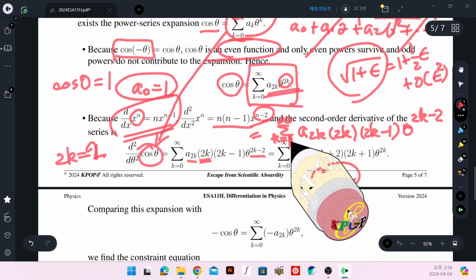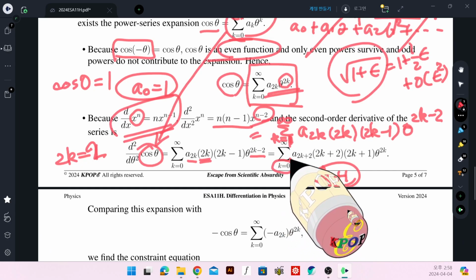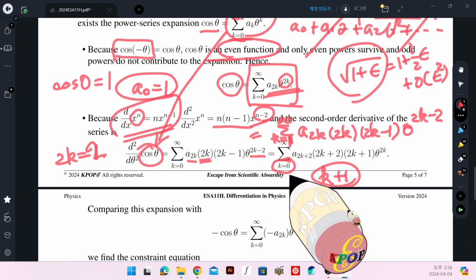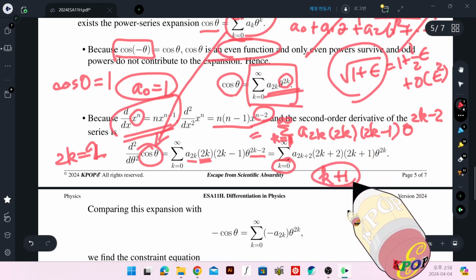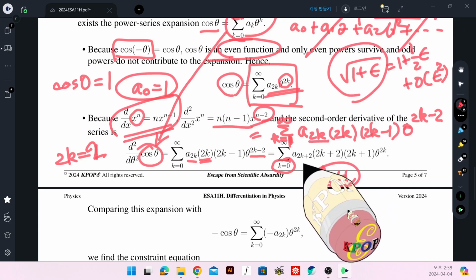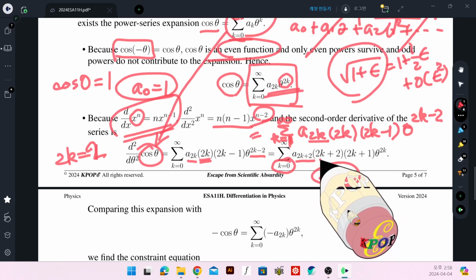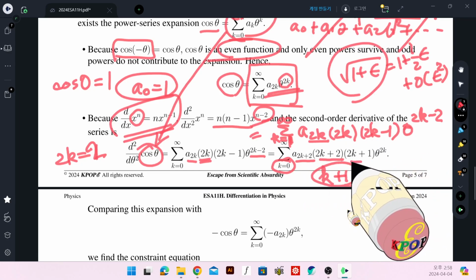If I want to make k start with 0, I have to replace every k by k plus 1. Then this is replaced with 2k plus 2, 2k plus 1, and 2k.